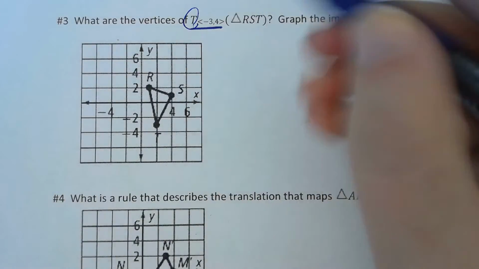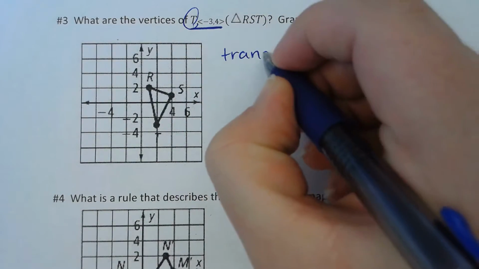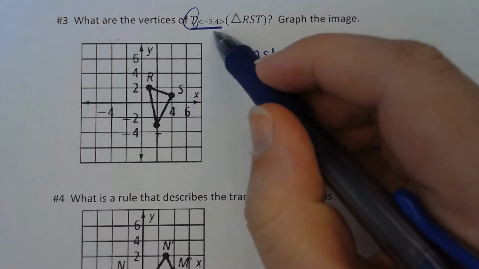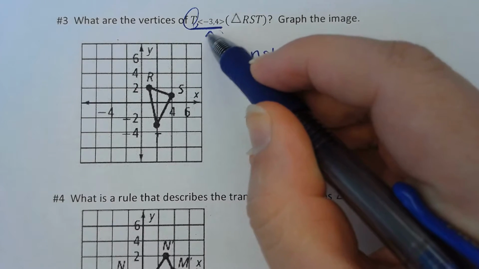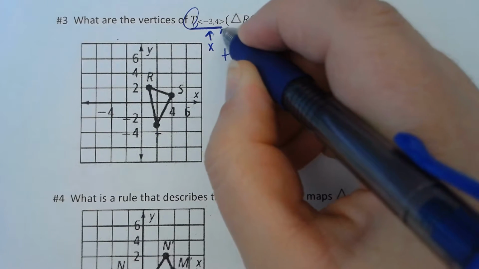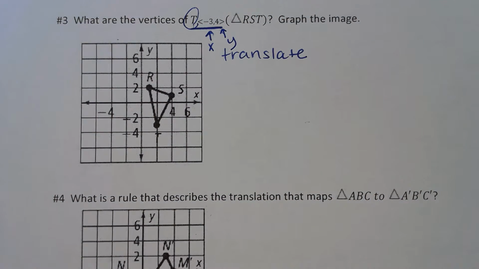The T means to translate, as we discussed before. Now the numbers tell me in which way. The first number is my X, and the second number is my Y. If you ever forget that, just keep in mind that it's alphabetical, just like your regular coordinates.